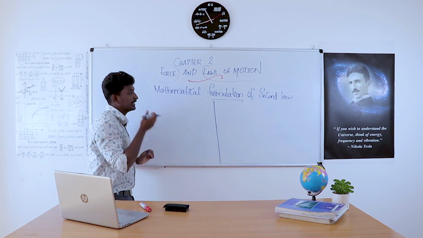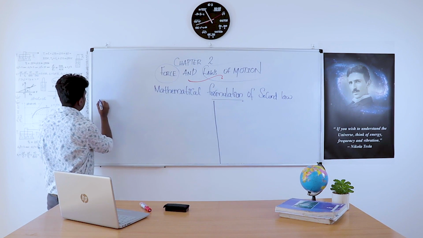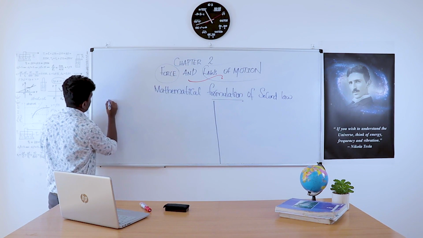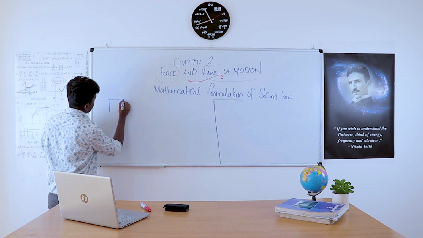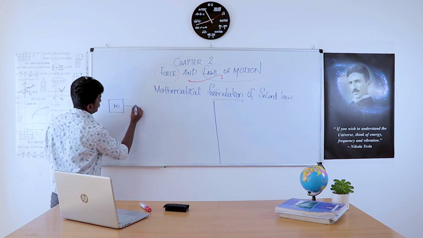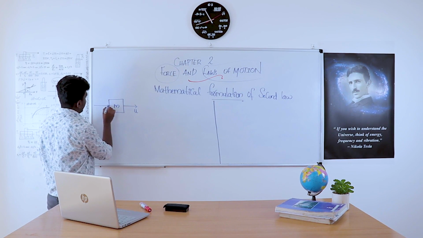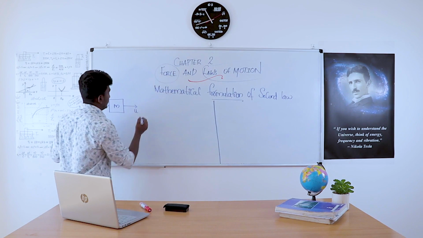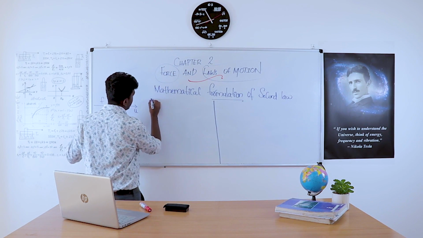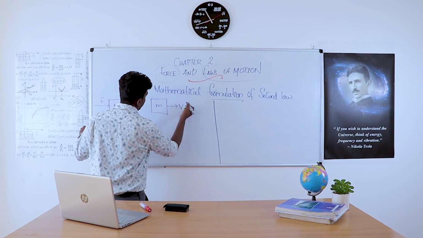Now I am going to derive the equation F is equal to ma. For that, just consider an object having mass m moving with a velocity u. If we are applying a force F to the same object, it changes its velocity to v.